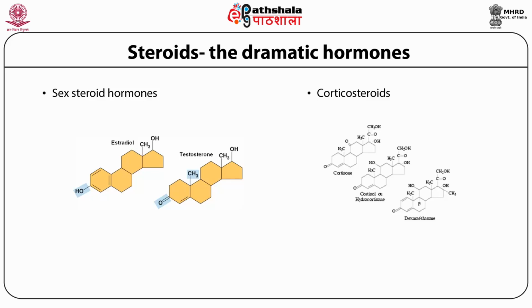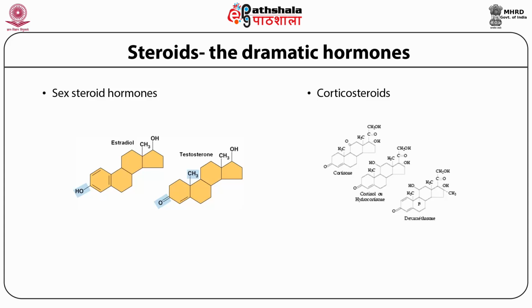But in this particular slide, you see examples of sex steroid hormones. That means hormones both in the female and in the male. Examples given are estradiol 17 beta and testosterone. These are steroid derived molecules which have a lot of biological importance as they function as sex hormones.